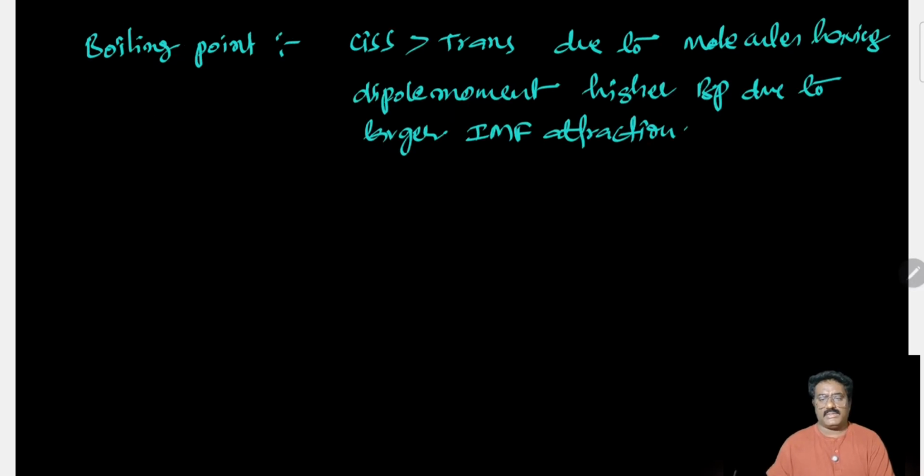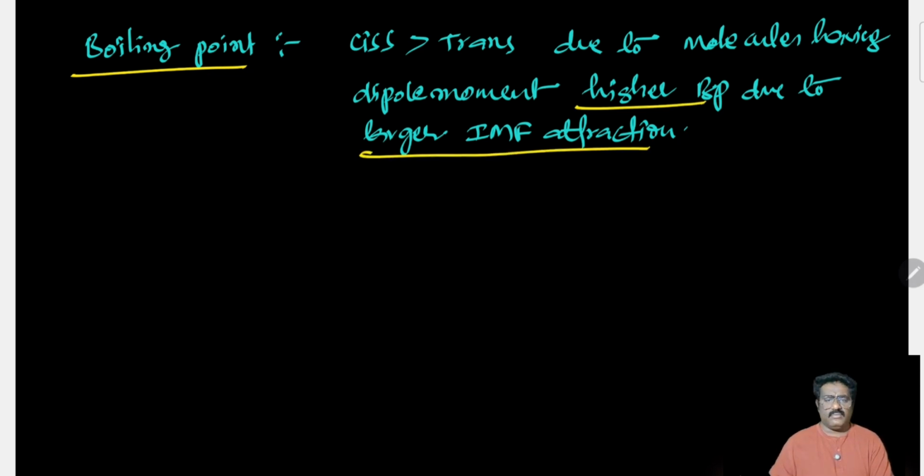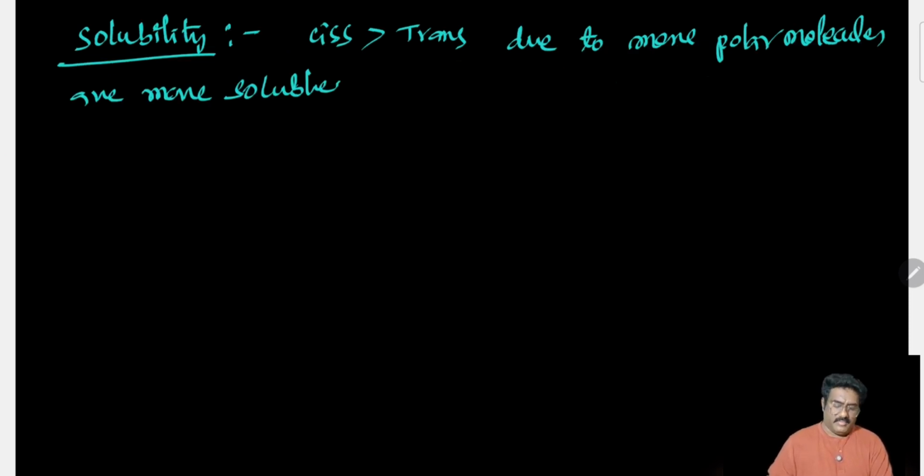Have a look at boiling point. The cis isomer has a greater boiling point than the trans isomer, because a molecule having a dipole moment has a higher boiling point due to larger intermolecular force of attraction.